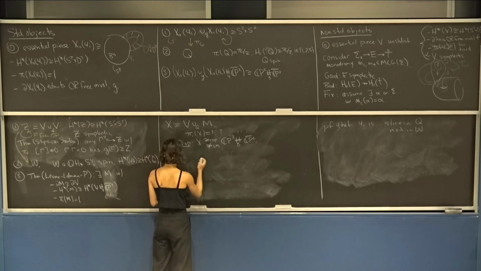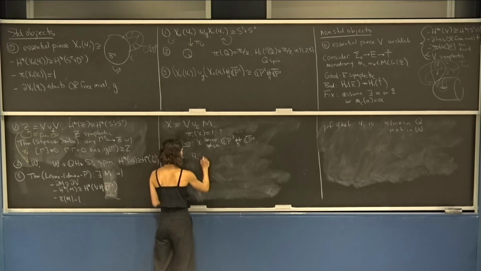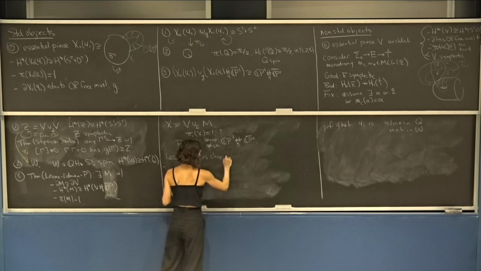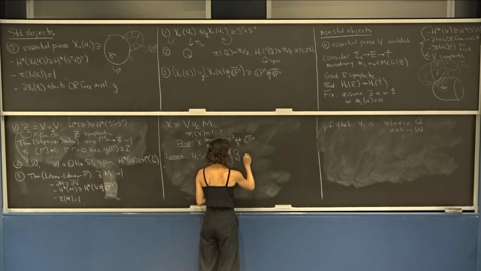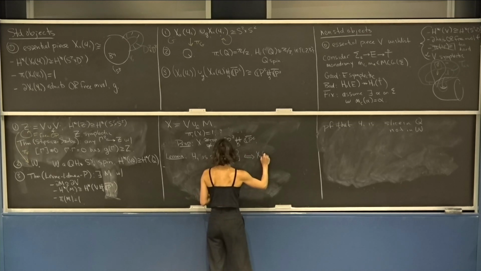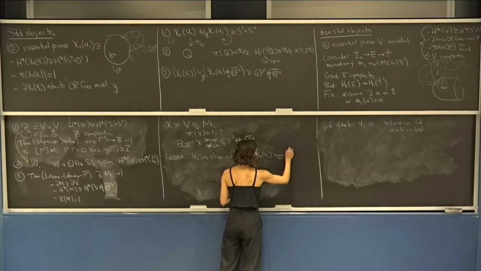So the lemma says that a knot K, actually let's just apply it to our very specific case. The figure 8 knot is slice in either Q or W. Just pick one for the statement, both are true, if and only if the zero trace on 4_1 embeds smoothly in Q or W, respectively.